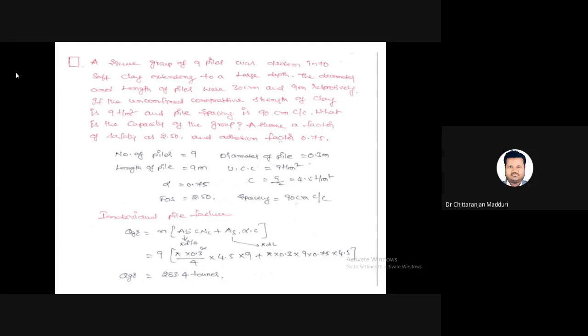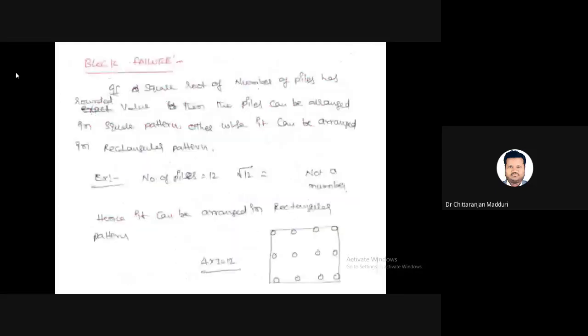Surface area equal to pi into D into L, where D is the diameter of the pile, 0.3 meters. Length of the pile equal to 9 meters. Adhesion factor equal to 0.75 and undrained cohesion equal to 4.5. It is a homogeneous clay, so we take the cohesion value at the bottom as well as at the surface; it is the same. So group capacity by considering individual pile failure equal to 283.4 tons.